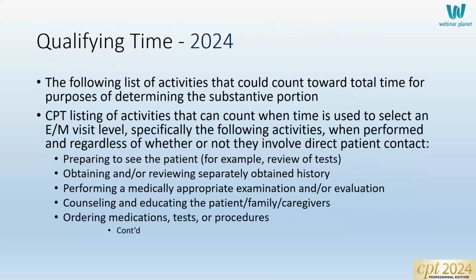And again, these are CMS's rules. This is our list of what items are listed in the CPT book as being eligible work that is being done by the provider in looking at time and qualifying time. So you can see we have preparing the patient, obtaining a history, a medically appropriate exam, counseling, ordering meds.